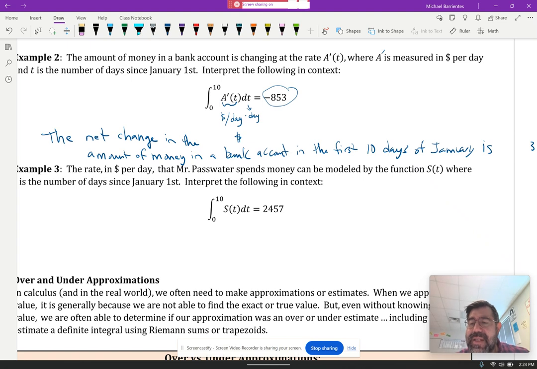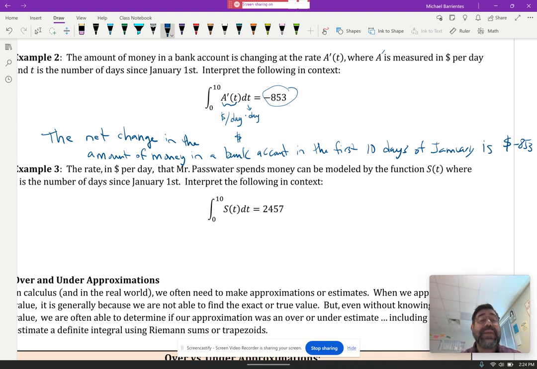Or I guess you would put the negative first. No, I don't even know. Is it like that? No, that looks funny. I think it would be dollars negative 853. Or you can just say negative $853 and put the word dollars.